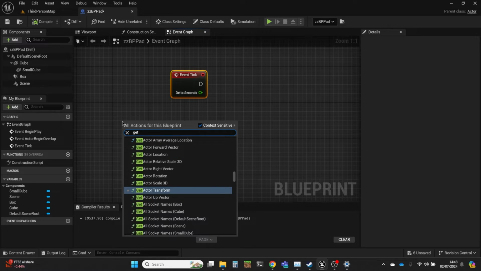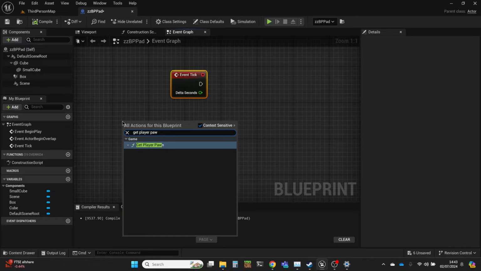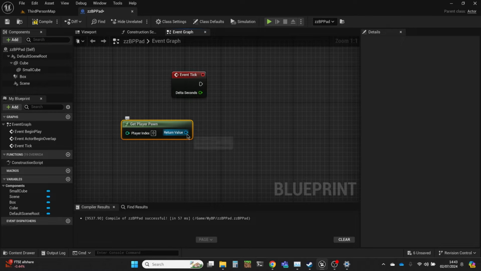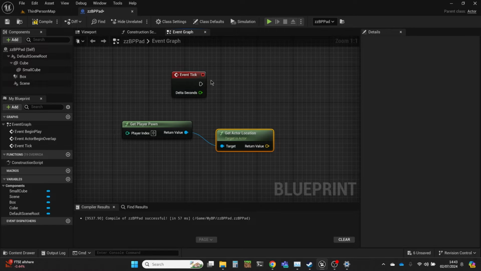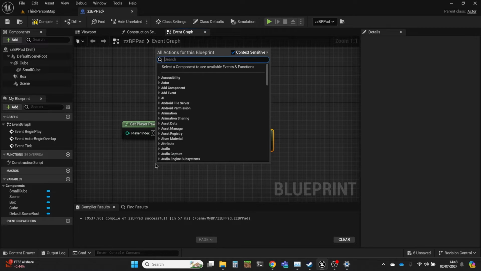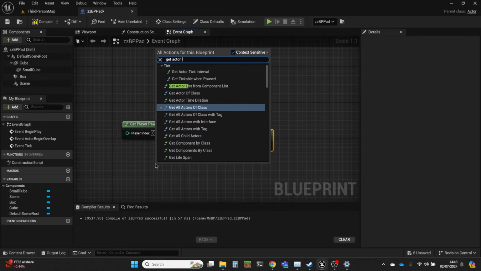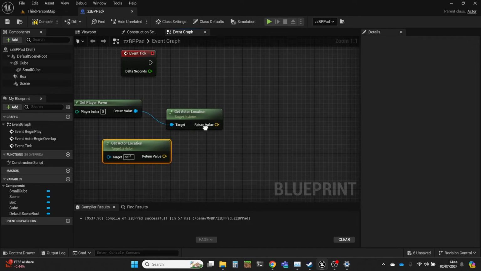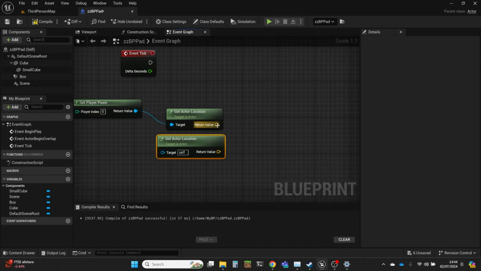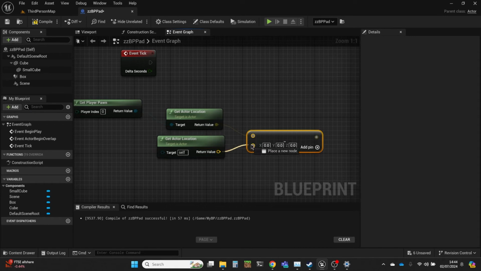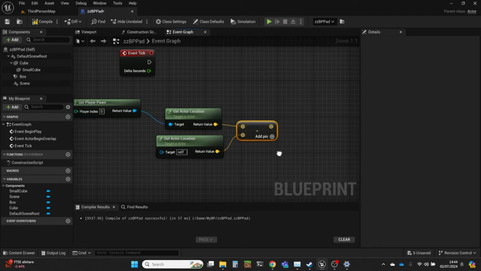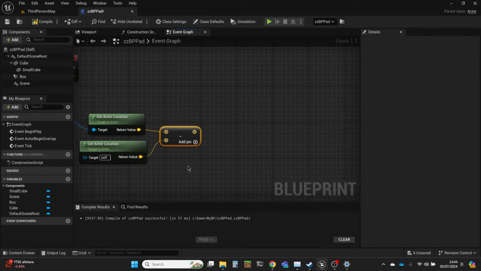We're going to do Get Player Pawn, and then out of that, Get Actor Location, and we're also going to get the actor location of the pad itself, and we're going to do that minus that, which gives us the vector from the pad to the player.